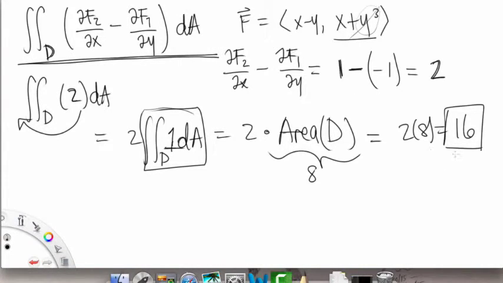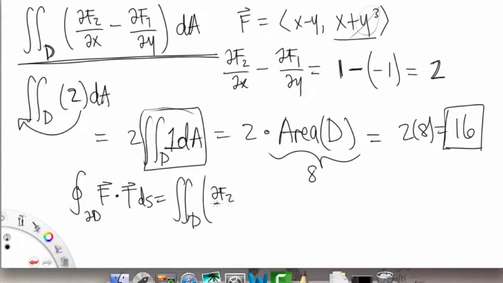But this is not our answer, right? Because, here's a refresher. We have Green's theorem being the line integral over the entire boundary of the domain being equal to the double integral over D of partial f2 partial x minus partial f1 partial y dA.